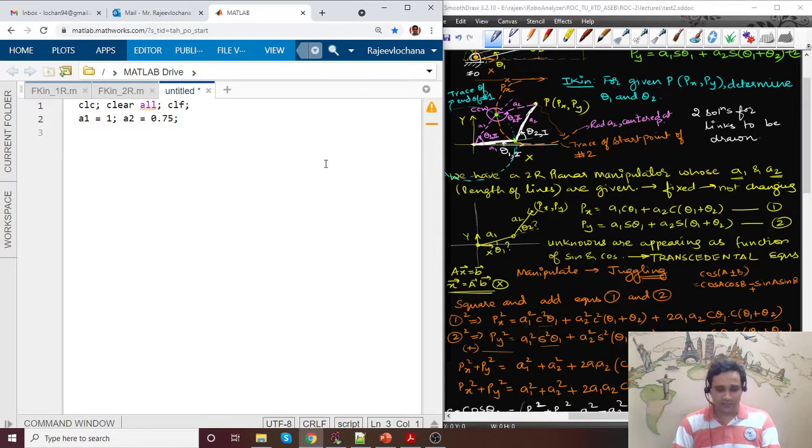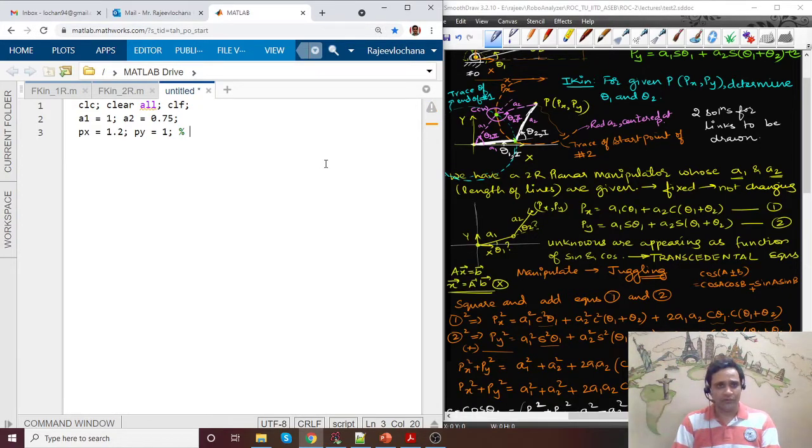Now in inverse kinematics, the inputs are also Px and Py. I want to reach a particular point, say Px equal to 1.2, and Py as 1. At some point I have to take my end effector point.